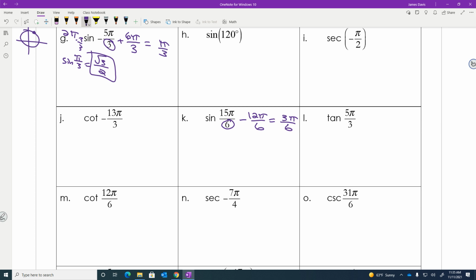What's that the same thing as? So then this just becomes the sine of pi over 2. So we've got pi over 2 is at the very top. Sine is the y-coordinate. So it's just 1.